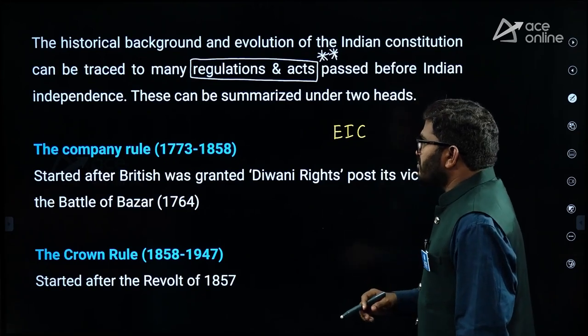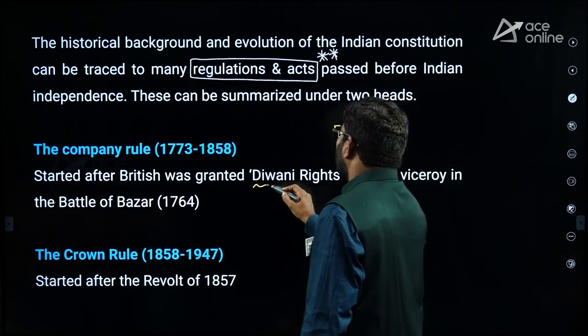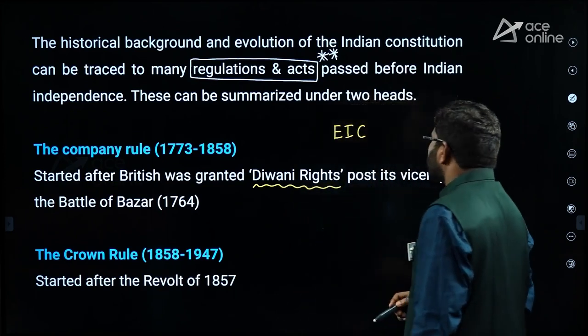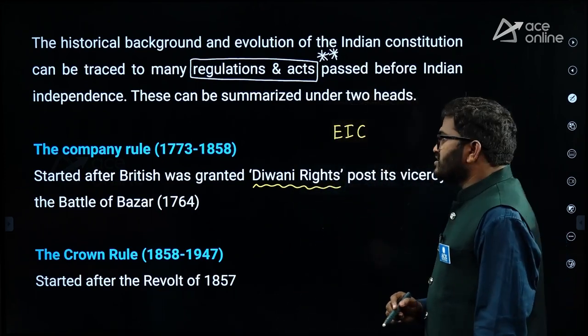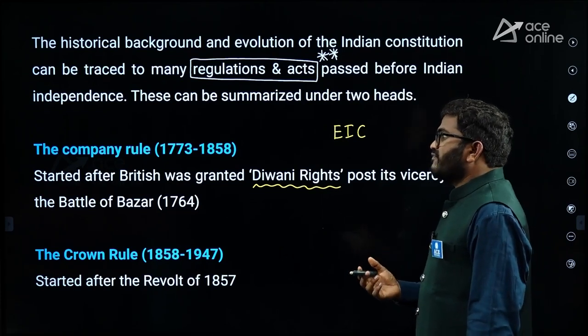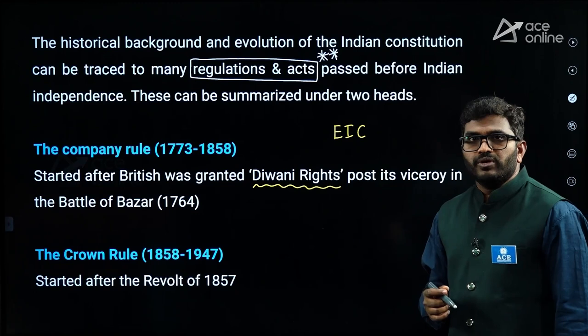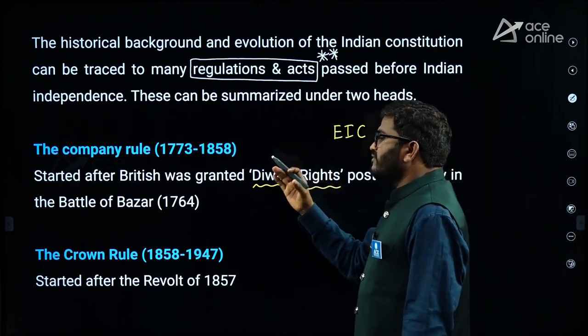It started after the British were granted Diwani rights following the Battle of Buxar. In 1764, after the war, they got the Diwani rights, and from that they started the East India Company rule, which lasted up to 1858.